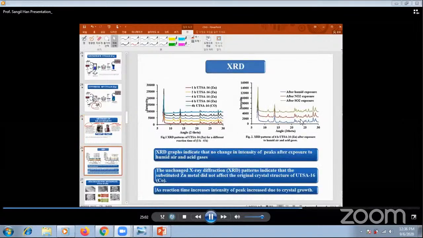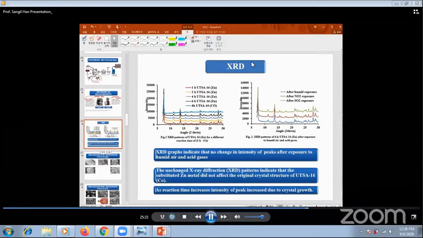As you can see, all the XRD patterns are identical. Even for the 1 hour, 2 hour, 4 hour, and 6 hour reactions, they showed similar XRD patterns. That means even with a 1 hour short reaction, the crystalline structure was formed.